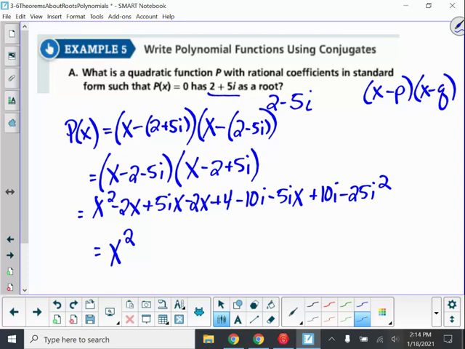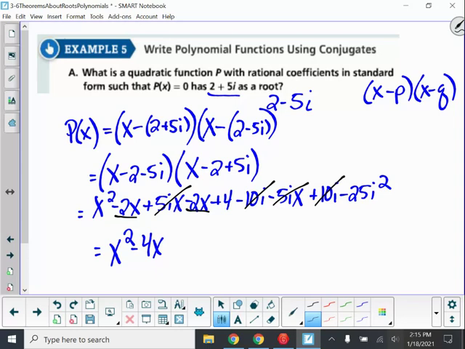So I have an x squared. As far as regular x terms go, I have a minus 2x and a minus 2x, so that is going to become minus 4x. I have a minus 5ix and a plus 5ix, those add out. I have a minus 10i and a plus 10i, those add out.